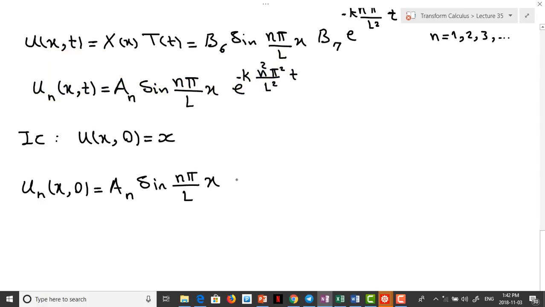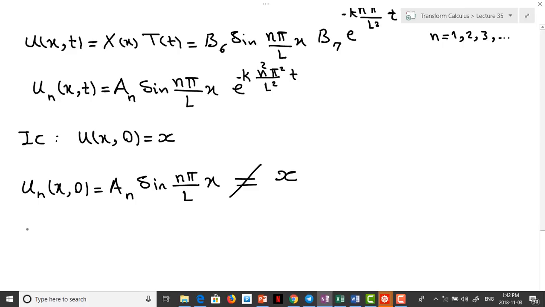We have to see if this function is equal to initial condition or equal to x or not. For sure it's not, because an is a constant, then we have a sine n pi over lx. It's a harmonic function, it's not equal to x, which is a ramp function. As a result, our solution cannot satisfy initial condition. It just satisfies heat equation or partial differential equation and boundary condition.